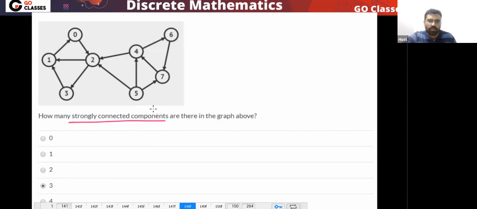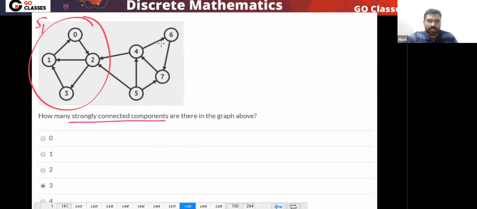You can take it as homework. Actually, this is a very simple question. You can notice this will be one strongly connected component, S1. What is the next?